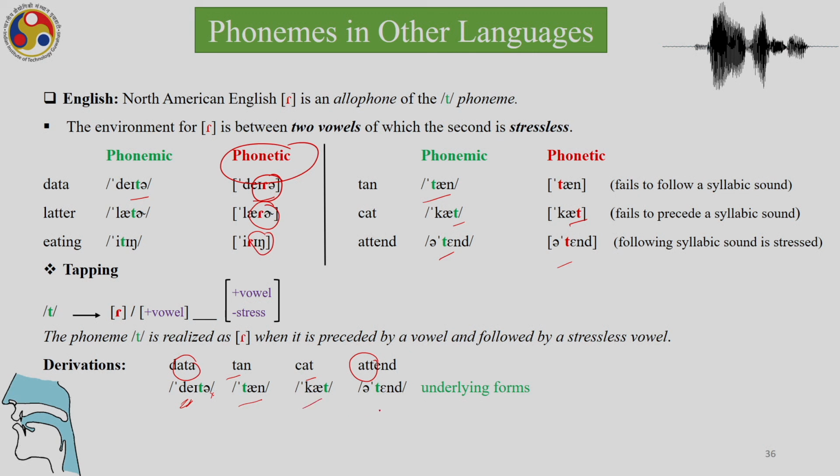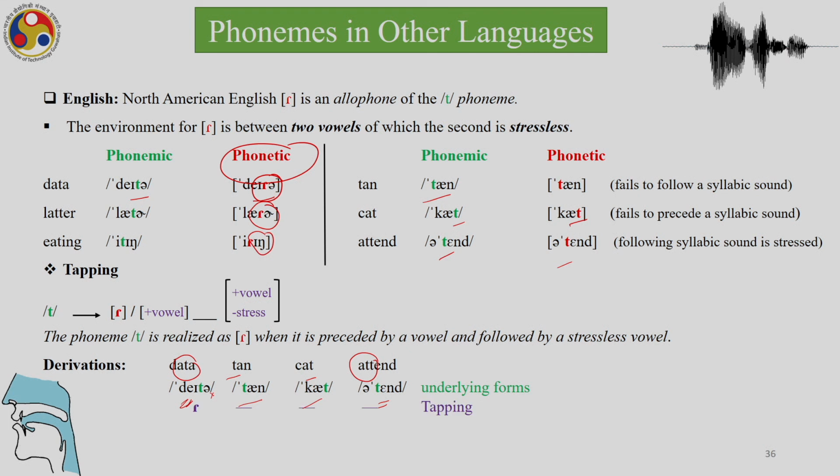However, this vowel is stressed, the following vowel is stressed in attend. So now data and attend are two different ways in which t can be pronounced because of the distribution of vowels and the stressless vowel in particular.